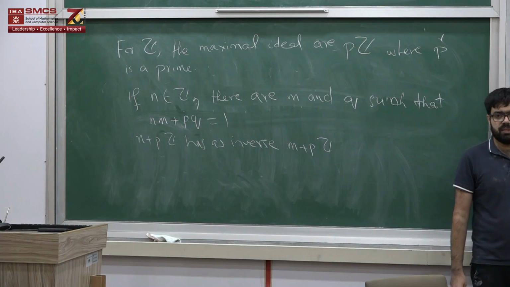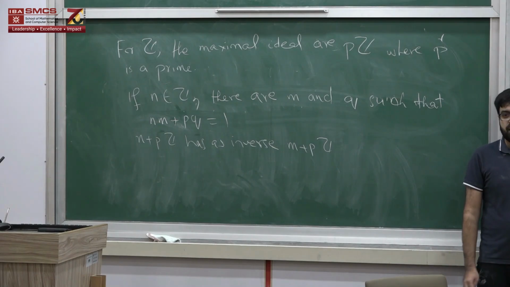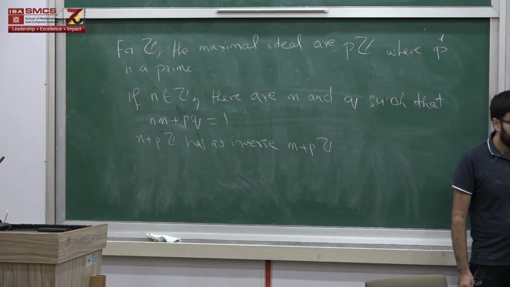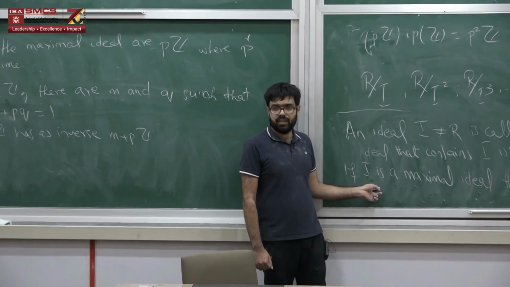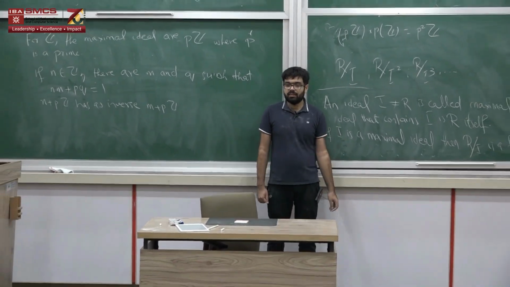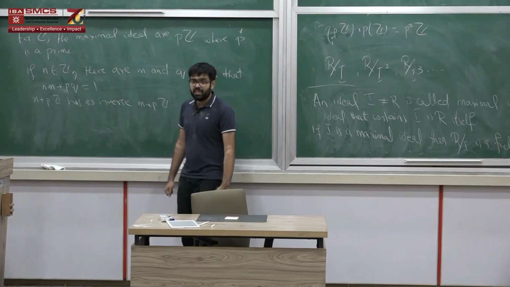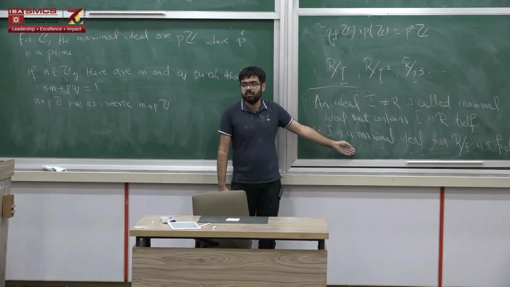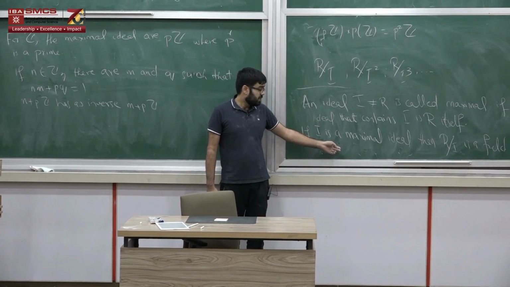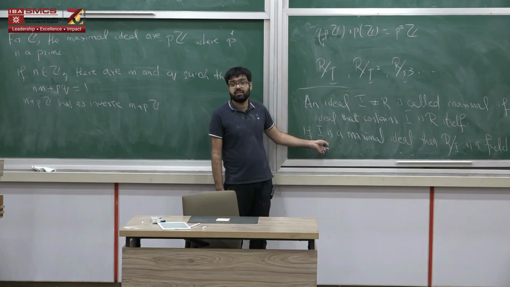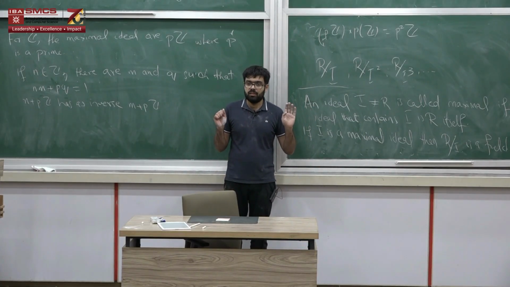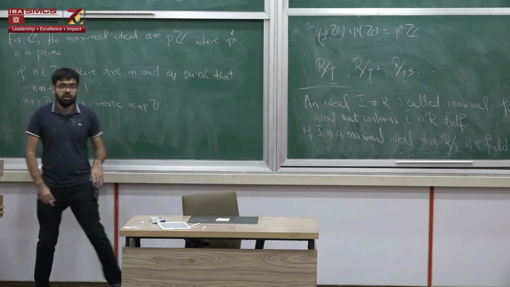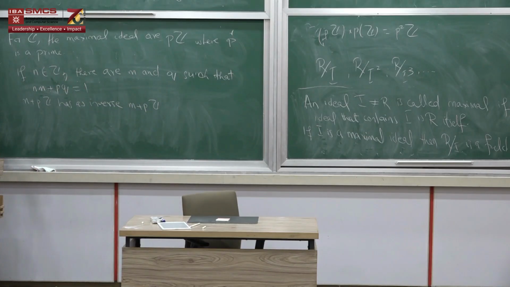So I want to construct some other ideal, and this ideal should contain this I, and it should be strictly bigger. If my new ideal is strictly bigger than I, then it will contain 1, and this is more or less what I want.